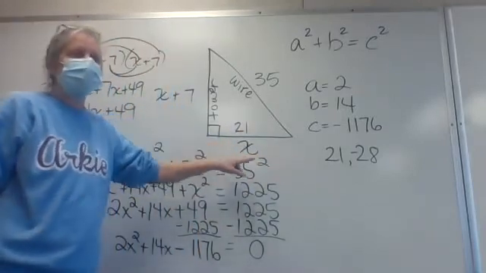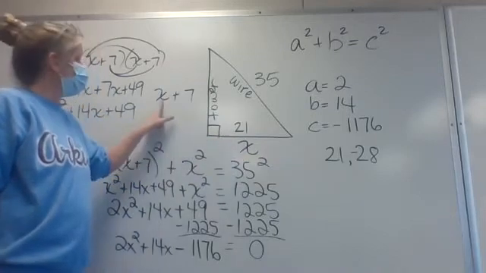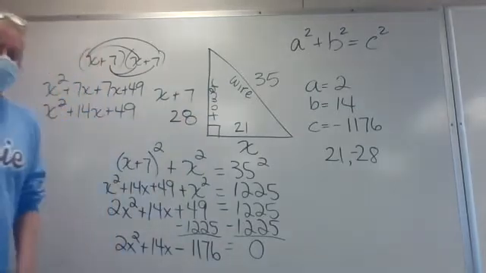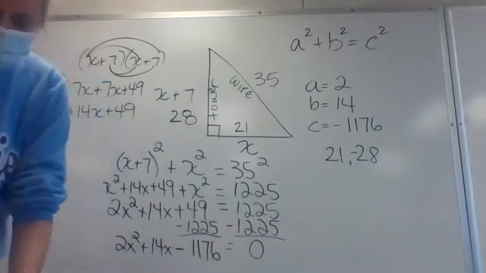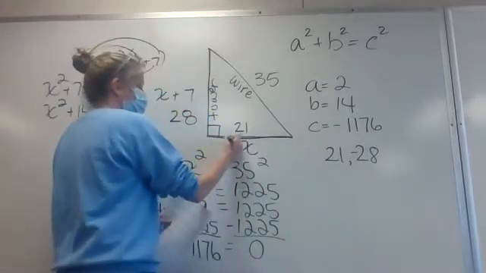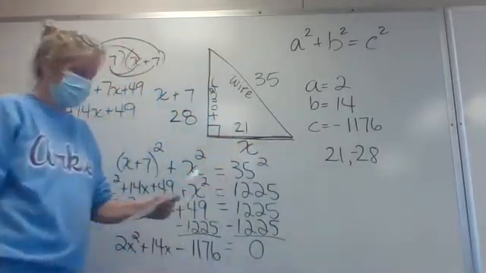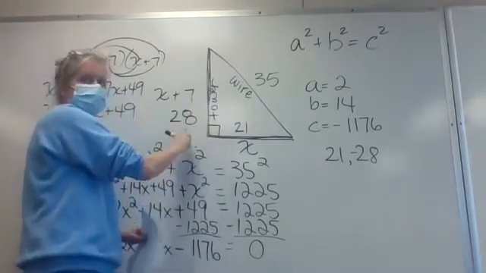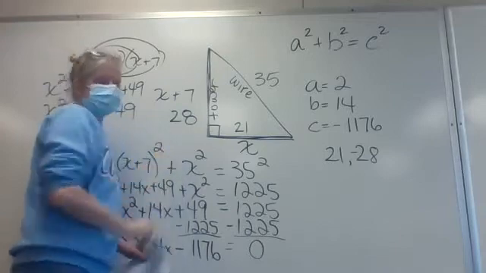Now here's how that does relate to this. What is 21 plus 7? 28. Okay, so the two answers are: the distance from the wire to the tower is 21. The height of the tower, which is 7 feet greater than that, is 28.